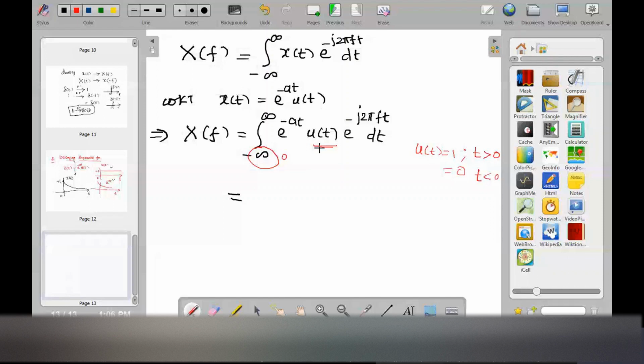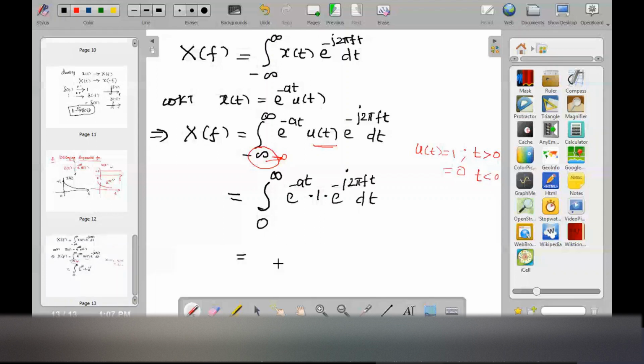So the next step is to change the integration limits. Instead of minus infinity to plus infinity, I will take 0 to infinity, because my u of t is 1 from 0 to infinity. Then e raised to minus at, with u of t equal to 1 for these limits, into e to the power of minus j 2 pi f t, with respect to t.